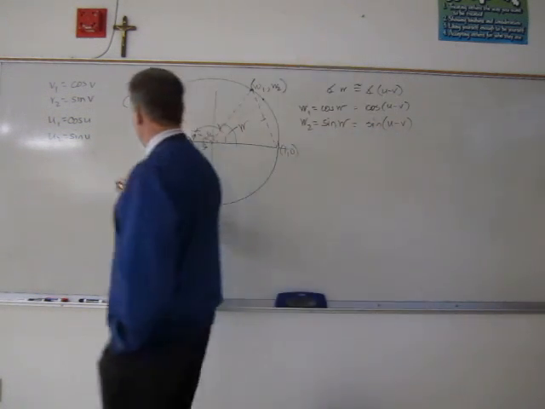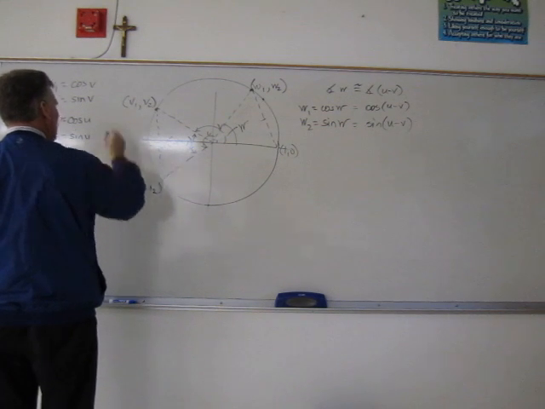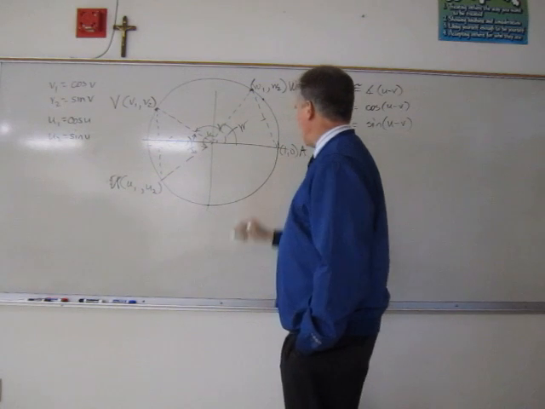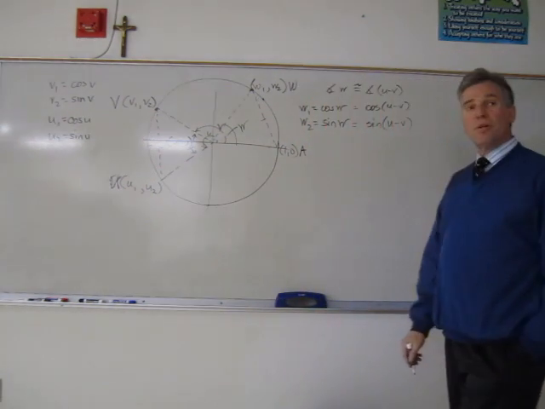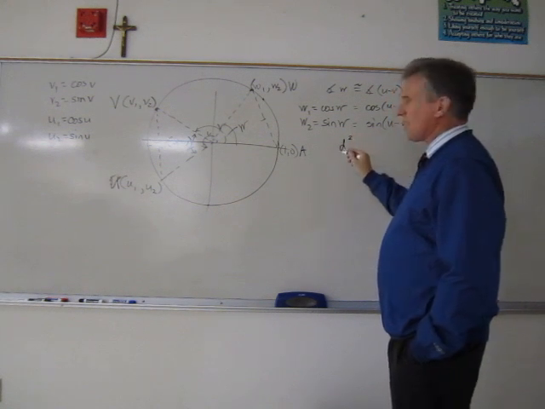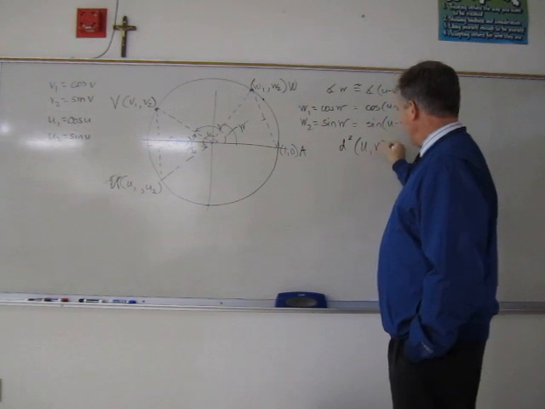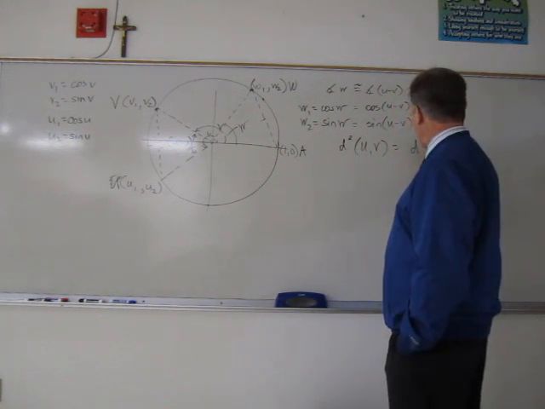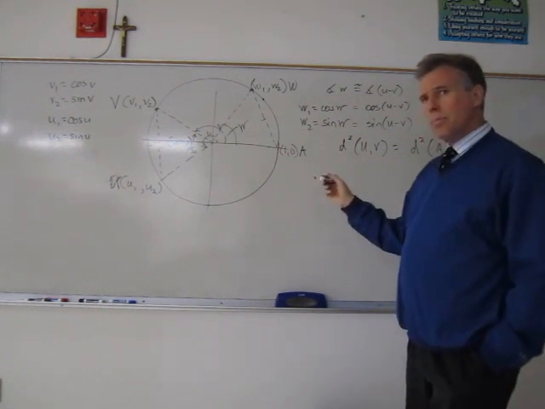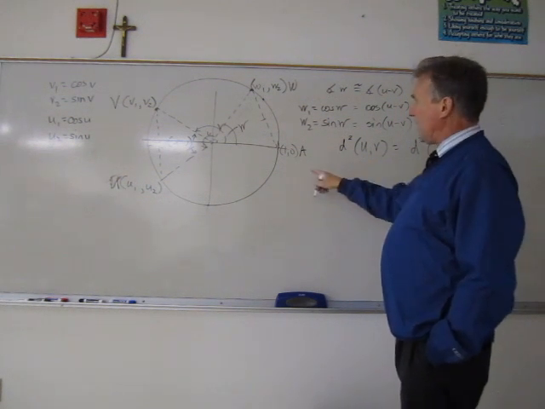Let's call this point capital U, capital V, capital W, and let's just name this point A. So the distance squared, and I'm going to square because I don't like radicals, right? The distance squared from U to V is going to equal the distance squared from A to W. So let's go ahead and define it.